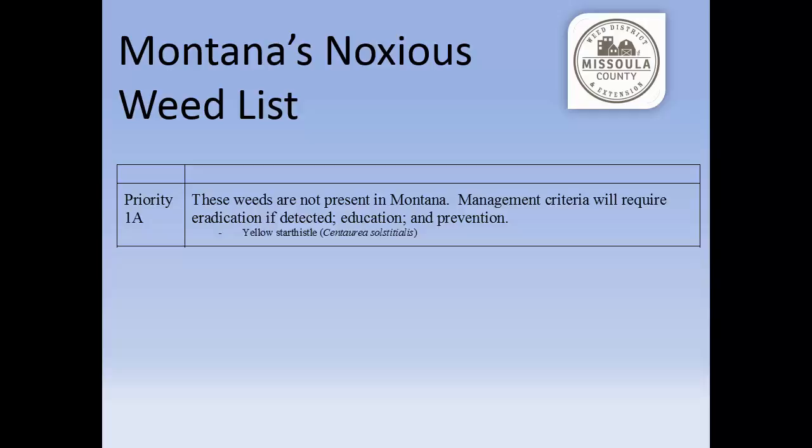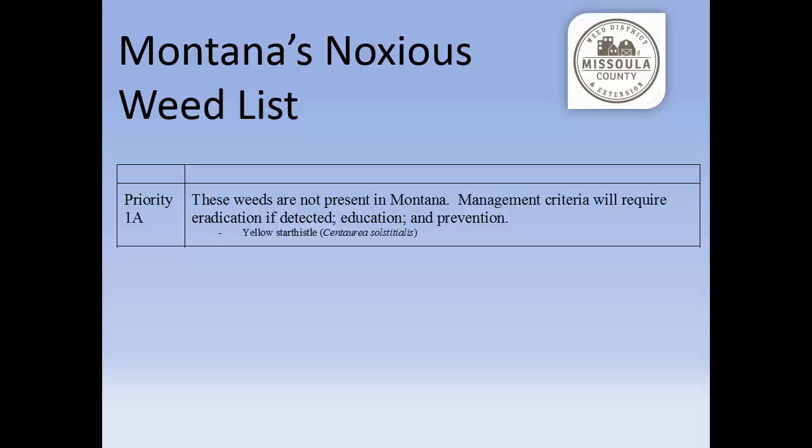I say that, but we have found them. You'll notice that each priority has its own management criteria. So our priority 1A, yellow star thistle, is basically seek and destroy. When it's found, you don't have an option to put a biocontrol on it. We're going to kill it, because we don't want it to establish.